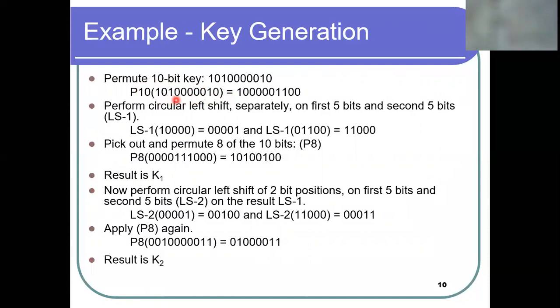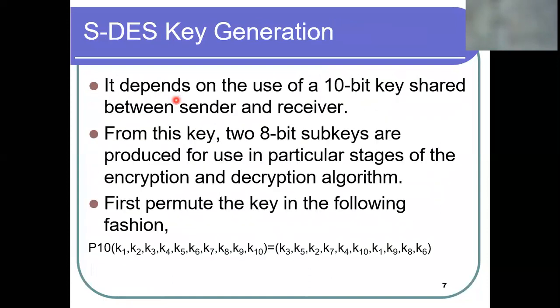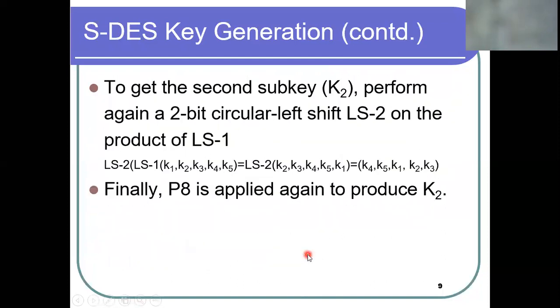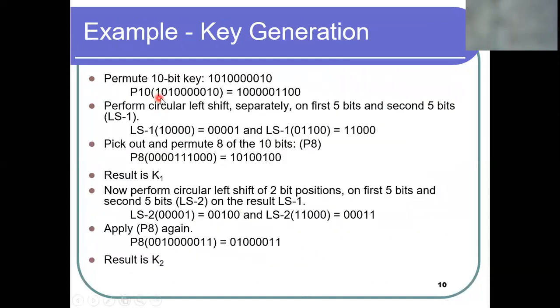If you see this on the seventh slide, there will be K3 on first position, meaning the bit on third position will be mapped on first position, the bit on fifth position is mapped on second position, and the bit on second position is mapped on third. In this way, you can see over here that the first bit on third position, that is 1, is mapped on first position, the bit on fifth position, that is 0, is mapped on second, and the second is mapped on third.